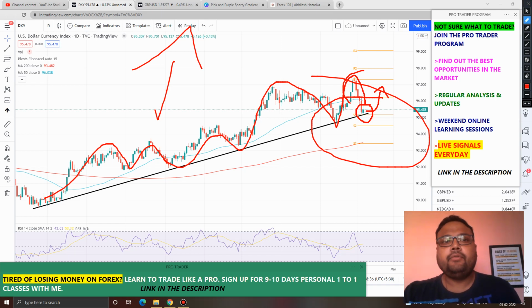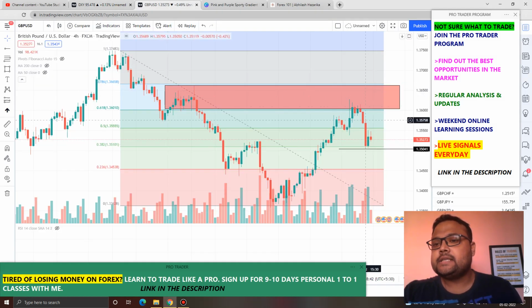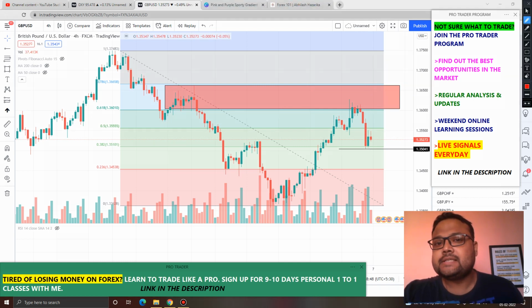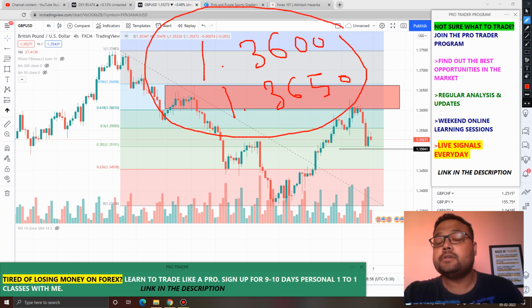And if we look at the GBP USD now, we can see the last traded price is 1.3527, and we have a resistance zone at 1.3600 to 1.3650. This is a resistance zone for GBP USD, because you can see market weakness and heavy price rejection here.